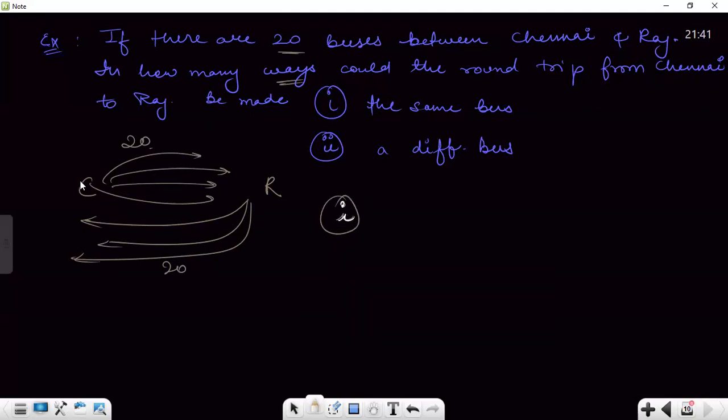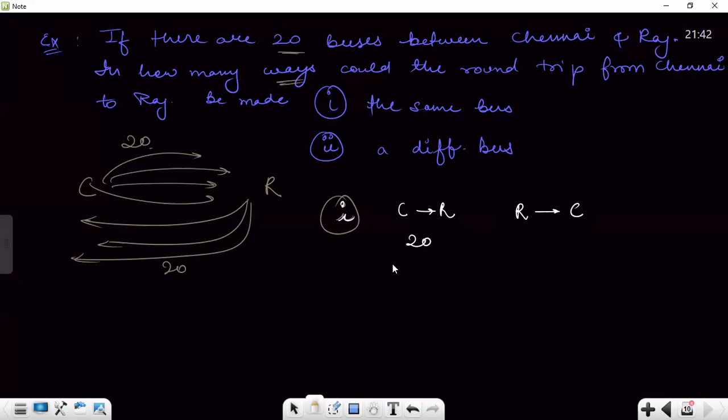So for going, how many choices do I have? There are 20 buses. So for going from Chennai to Rajasthan, there are 20 buses. Now, when I have to return from Rajasthan to Chennai, I have to take the same bus. So I have only one choice. Why? Because I have taken a particular bus when I came from Chennai to Rajasthan.